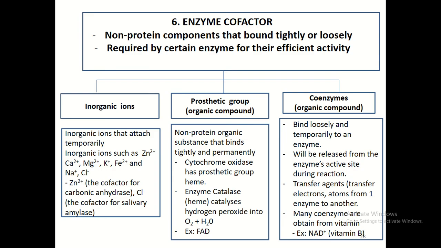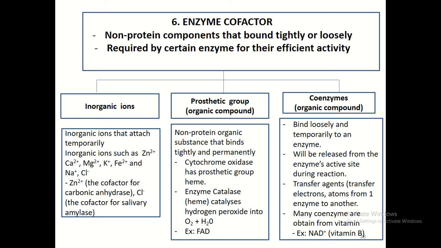Okay, and the last thing that affects the enzyme activity is cofactor. Enzyme is a protein, okay? However, cofactor is a non-protein component that will bind to the enzyme either tightly by strong bond or loosely by weak bond.